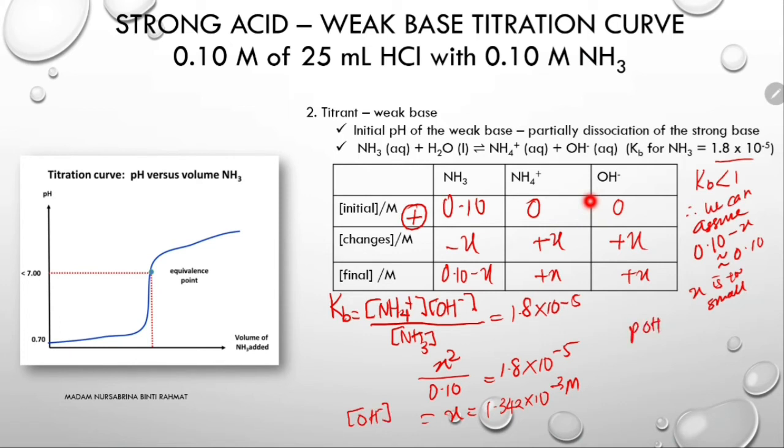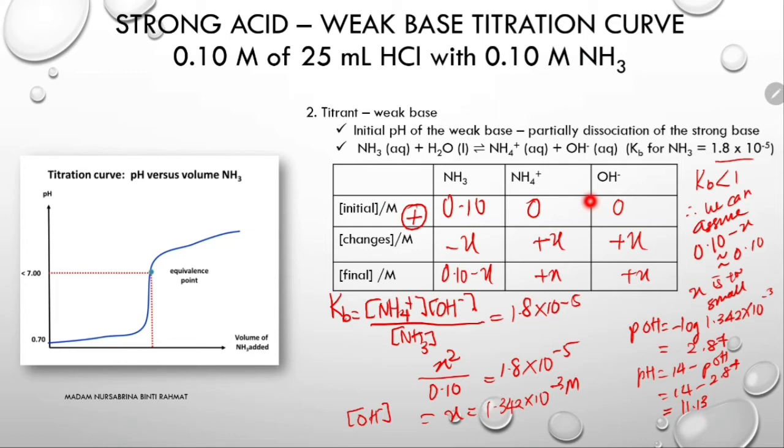So pOH equals negative log concentration of OH minus, which is 1.342 times 10 to the power of negative 3, and you will get your pOH to be 2.87. So pH equals 14 minus pOH, so 14 minus 2.87, and you will get your pH to be 11.13.